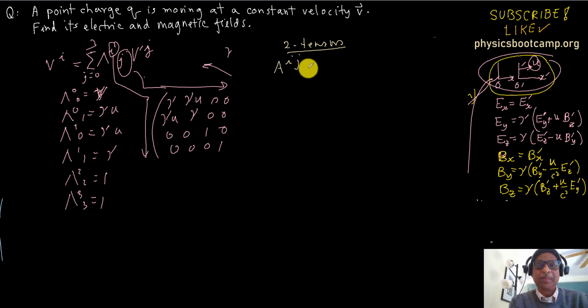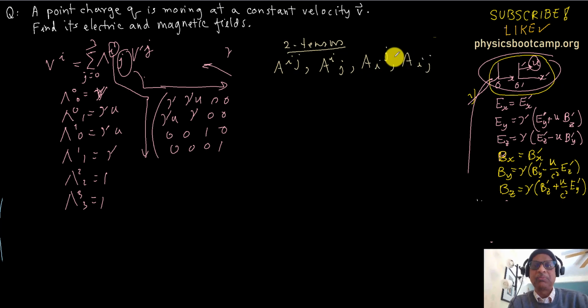The first one can be upper and the second lower, the first lower and the second upper, or both lower. So property A can have four different representations. In the four-vector notation, this becomes a two-index tensor. So there are four types.